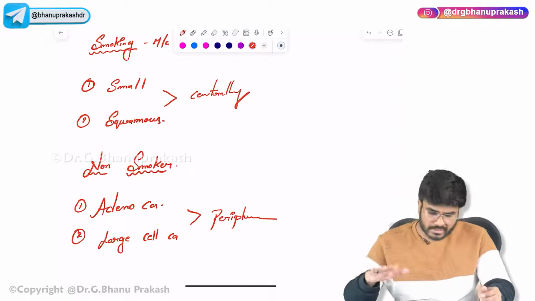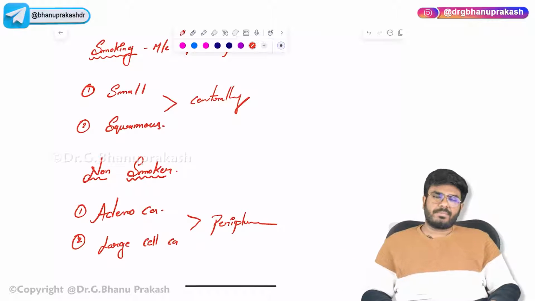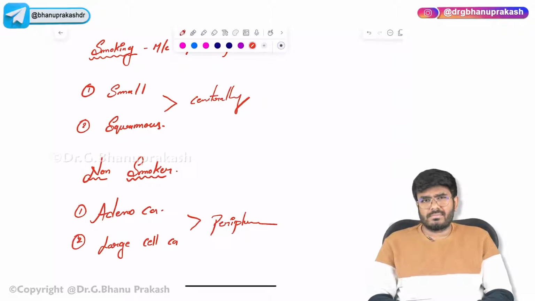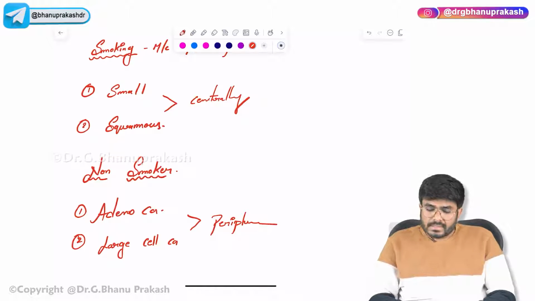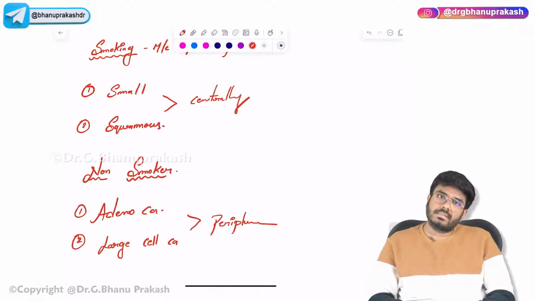See, if someone comes and asks you, what is the most common lung cancer out of all this? Is it squamous cell, small cell, adenocarcinoma or large cell carcinoma? See, these 4 are not the most common lung cancers. The most common lung cancers are secondaries.